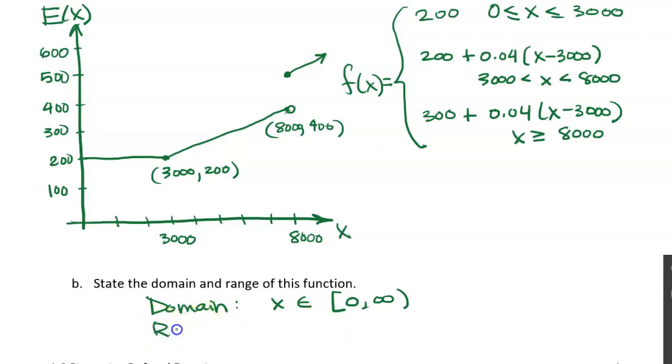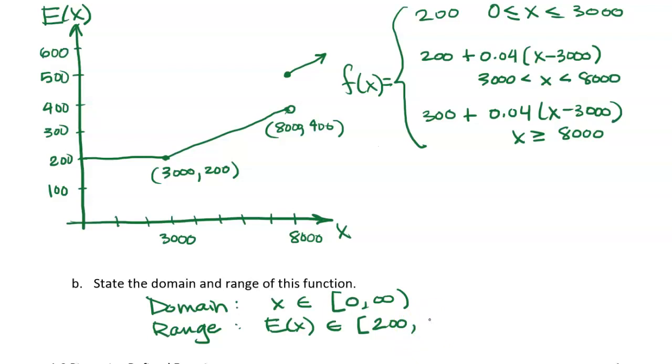And then the range of the function. So the function is e of x, and so the range starts at 200, right? So that's the minimum that she's going to earn. She just shows up for work. She's going to get $200 a week automatically.